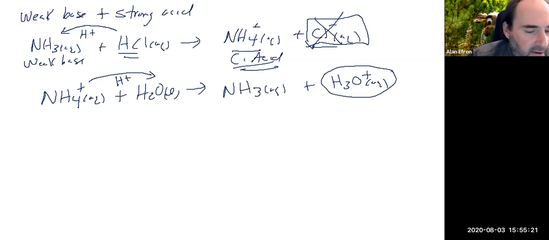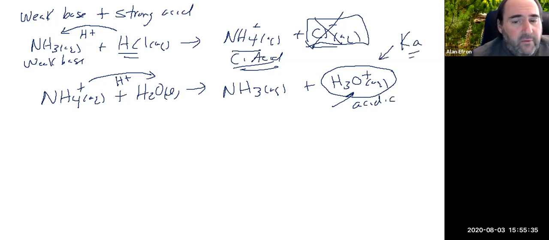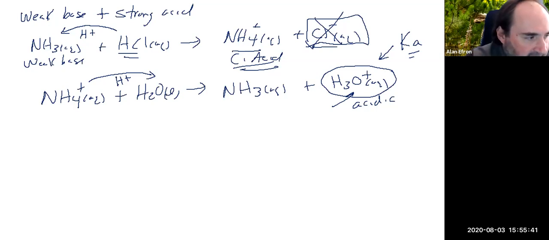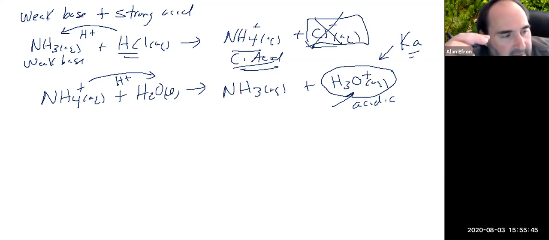And again, without even actually doing a calculation, just because we're producing H3O plus, we should know that this should be an acidic solution. And just like we would talk about with our other one, we should be using a Ka value. Remember, that's a pretty foolproof plan. If you want to determine, should I use the Ka or should I use the Kb value, look at your balanced equation.